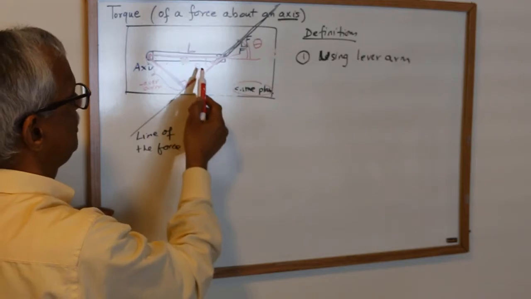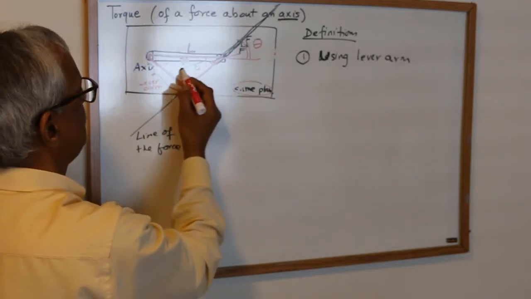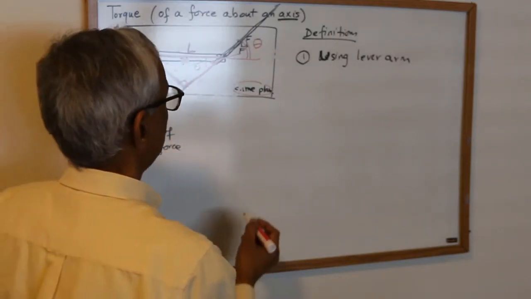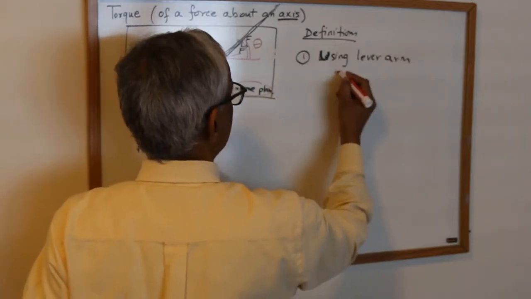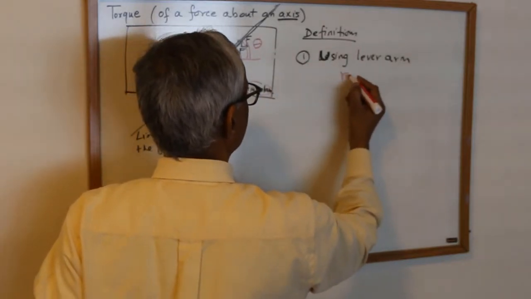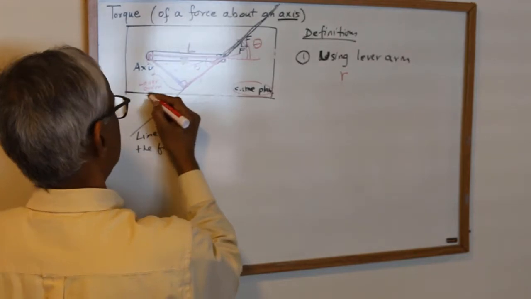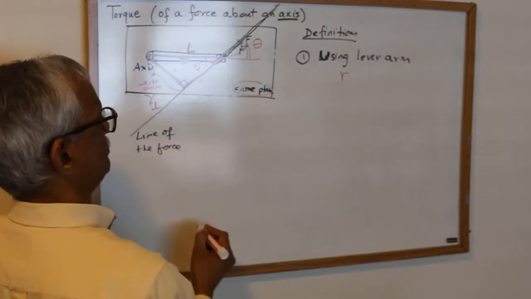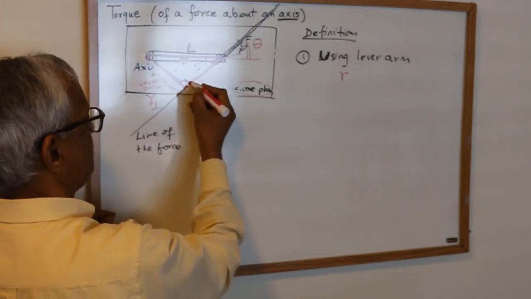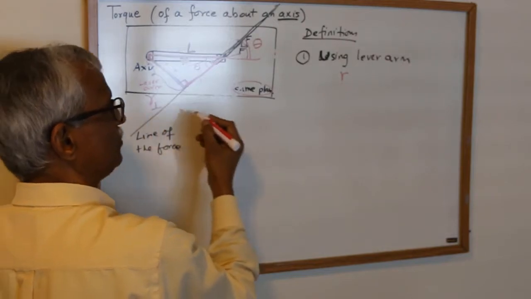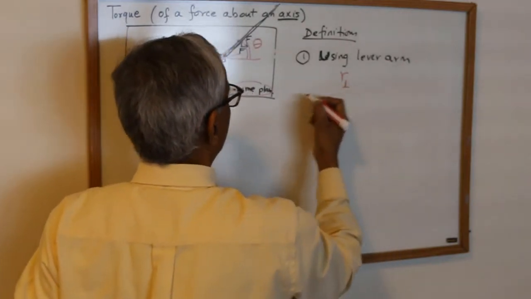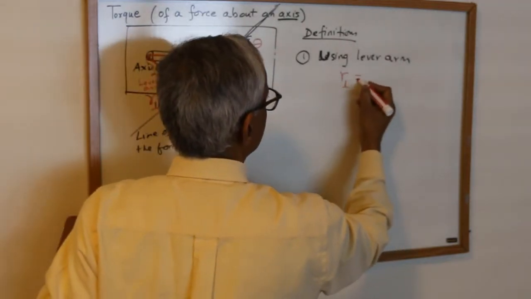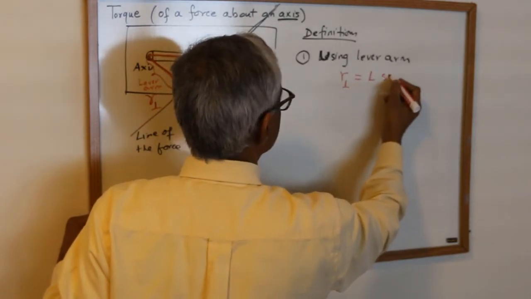I think this is going to be sine theta, because this is the opposite side. So over here I found the lever arm, for which we're going to use the symbol R sub perpendicular because I have to draw a perpendicular. Just a notation. Over here I got a formula, L sine theta.